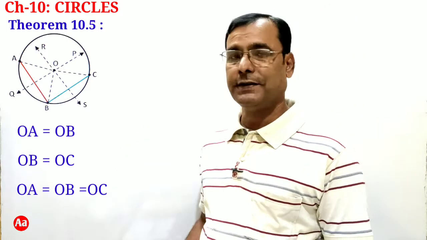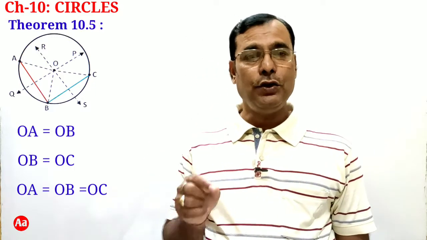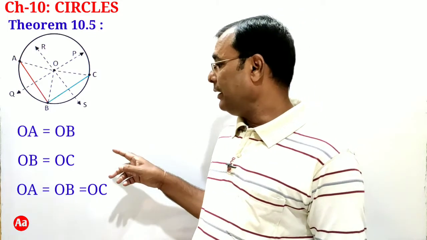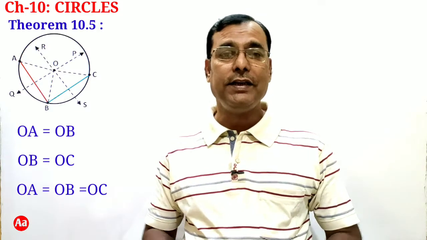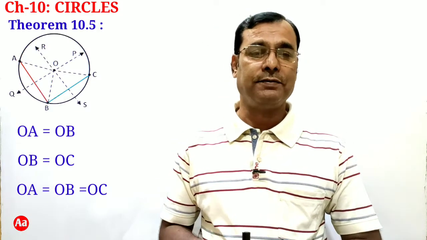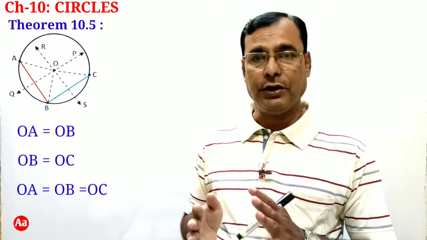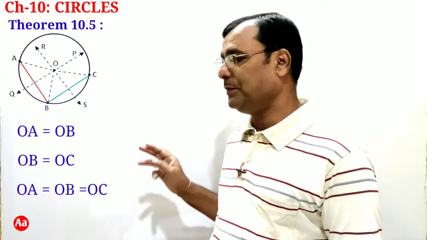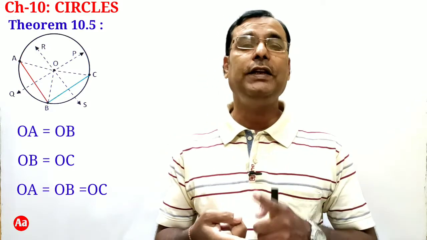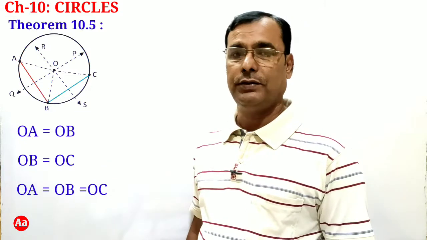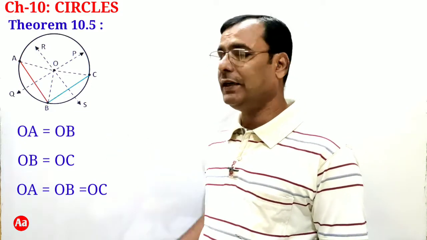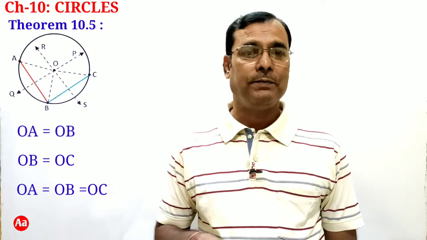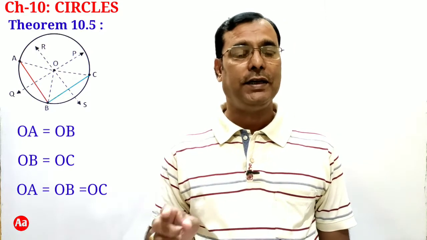This way we can say that only one circle can pass through three given non-collinear points, because like this point O, we cannot get any other point which is equidistant from points A, B and C, because perpendicular bisectors PQ and RS of line segments AB and BC can intersect only at one point, that point is O. So taking O as center and OA as radius, if a circle is drawn, that circle will pass through these three non-collinear points A, B and C.